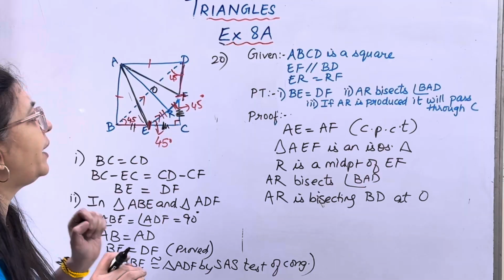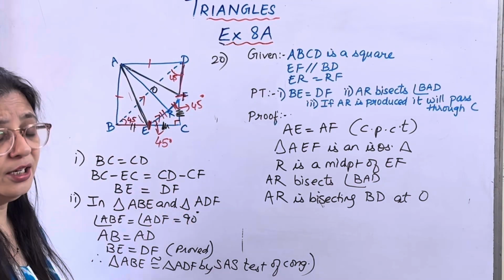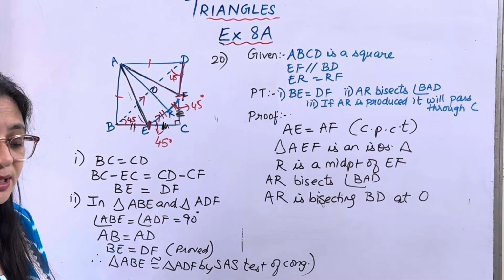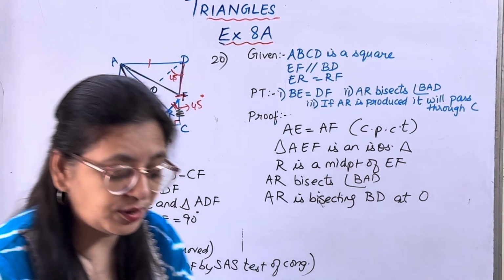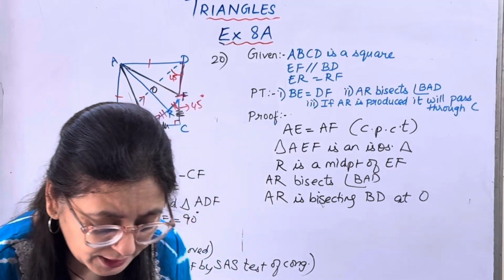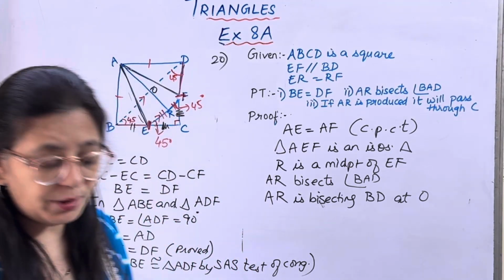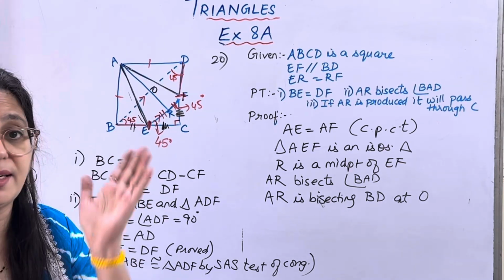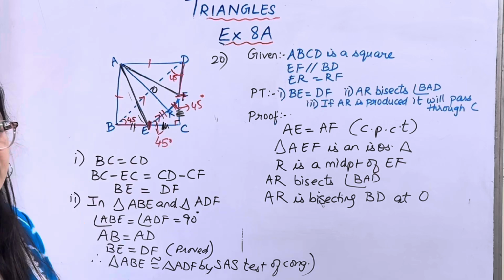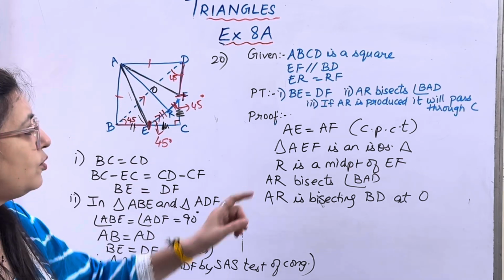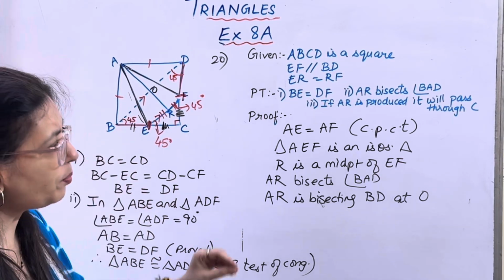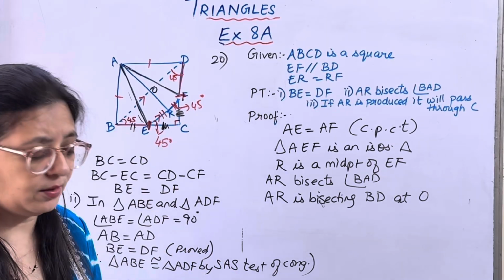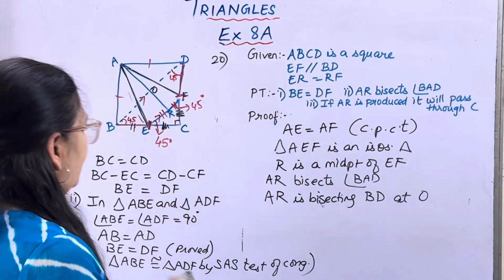So in short, AR is a second diagonal, so it will pass through C. What you have to prove? We have to prove that AR will pass through this. Now, AR is a bisector of angle BAD. Bisector means the diagonal, right? And it is intersecting the first diagonal at point O. Therefore, AR, when produced, will pass through C because it will become the second diagonal. Okay, let's write this. I'll erase this part.